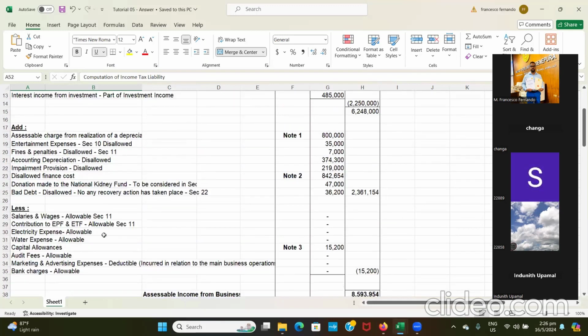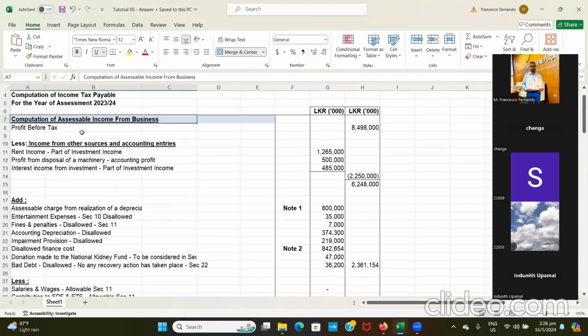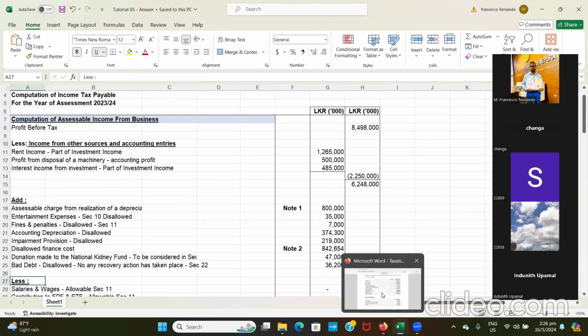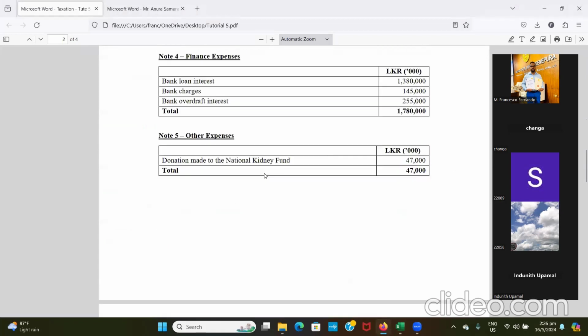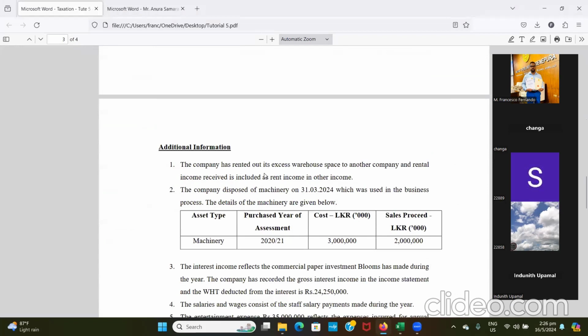But at the beginning, it's better to write down PBT and these headings by keeping some space, right? Now, as Indunil said, the first adjustment is regarding this excess warehouse space rented to another company, and the rental income received is included as rent income in other income.